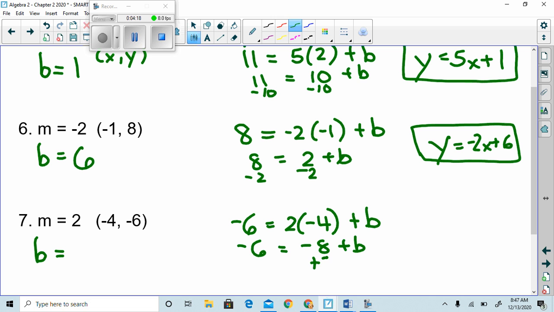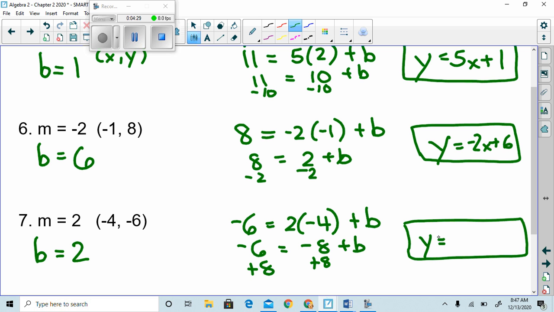We'll add 8 to both sides, and we'll see that b is equal to 2. Again, writing the equation, you start off with y. It's equal to your slope, which is 2, times x, and we found our y-intercept to be 2. Take the time to really look at this because some of you were putting in too many numbers in the final equation.